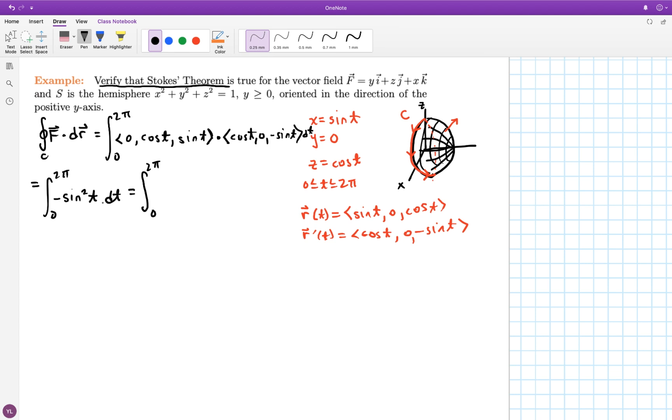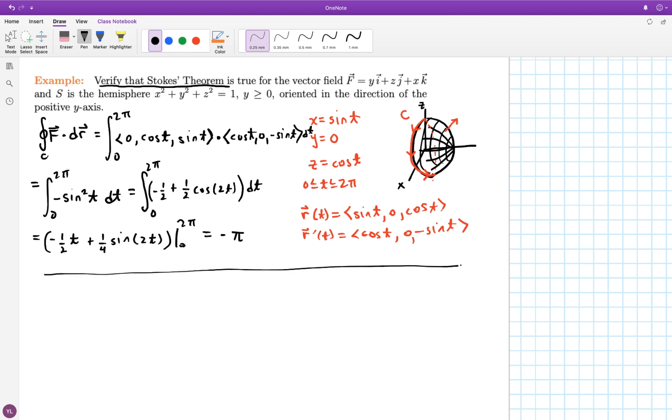I'll use a double angle formula here. Okay, and plugging in, I'm going to get negative pi. So apparently the circulation of this vector field in the direction of clockwise around the unit circle in the xz plane ends up being negative pi. So that's one half of Stokes' theorem.